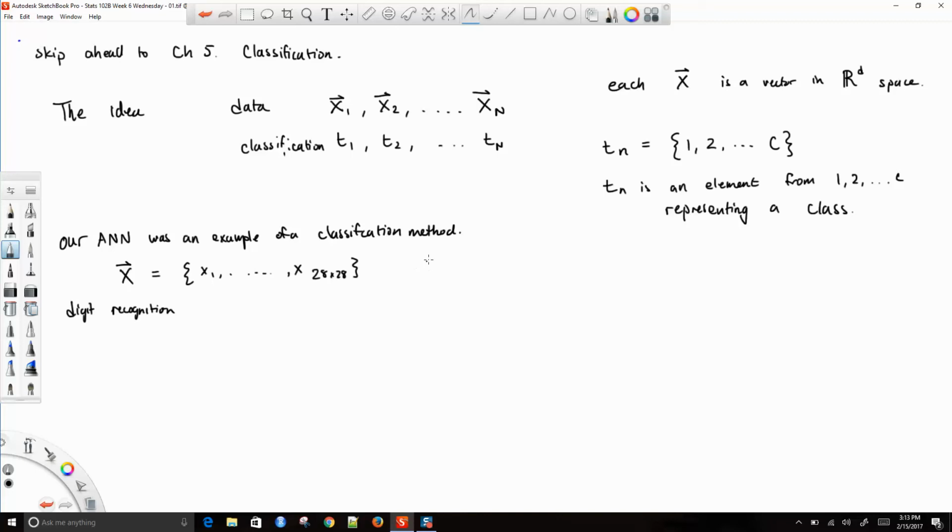And then each t was taken from basically the digits 0 through 9, right?